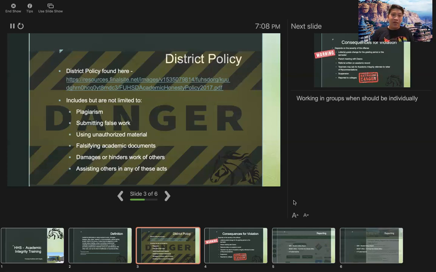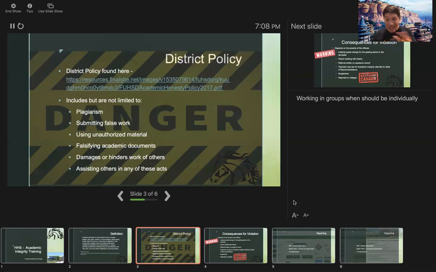Falsifying academic documents is one of the harsher ones that will get you in severe trouble. So please don't do that. Usually changing your academic records, for instance, or going into a teacher's computer to change your grade will count as this.